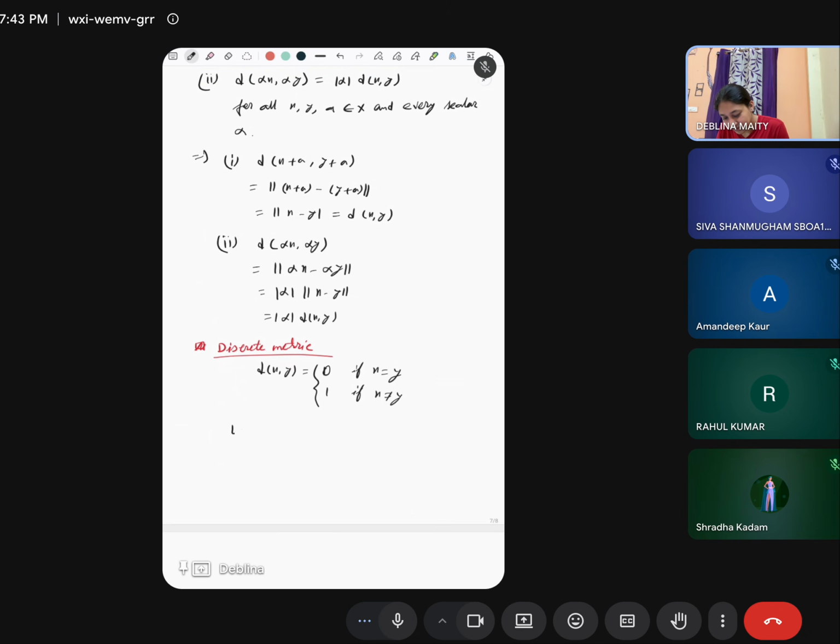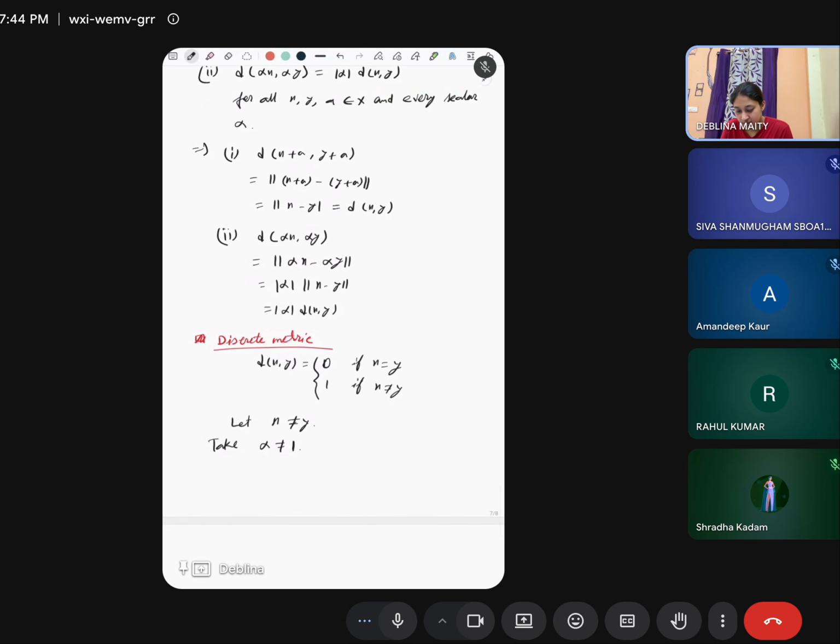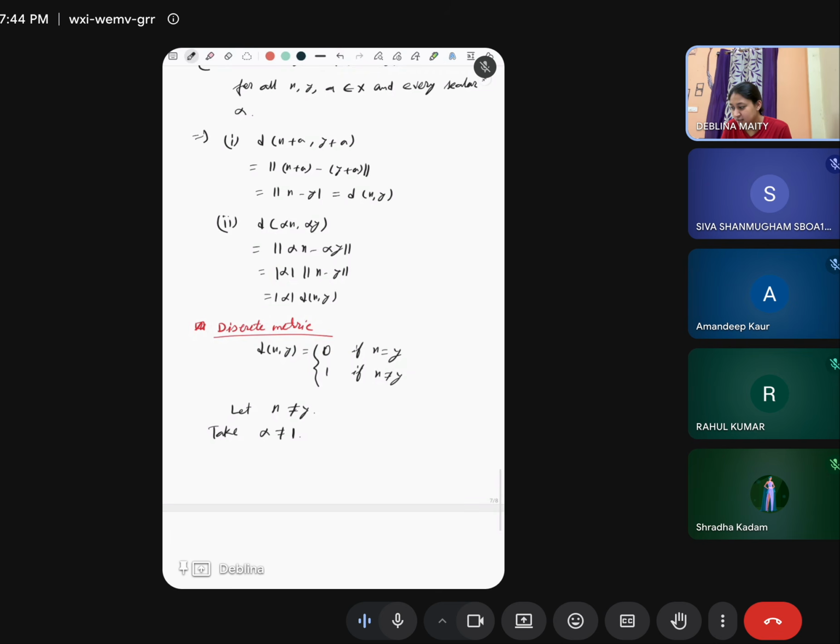So let's take x not equal to y. Then the first one will be satisfied, because x not equal to y means d(x, y) is 1, and also x + a not equal to y + a, so it will also give 1. And take alpha, a scalar, such that alpha is not 1, or we can say that mod alpha is not 1.